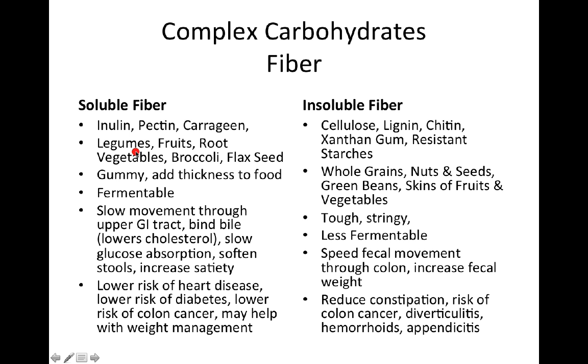As for sources, the soluble fiber comes from the legumes, many fruits, root vegetables, broccoli, and other vegetables, as well as flaxseed. Whereas you're getting more insoluble fibers from whole grains, nuts and seeds, green beans, as well as the skins of fruits and vegetables, which you may recognize as tough and stringy things, whereas the soluble ones are gummy and add more thickness.